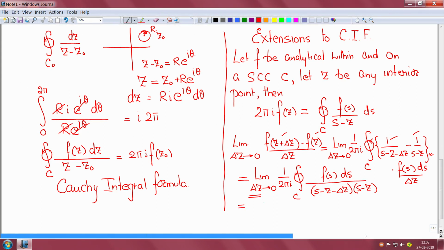So what I get is 1 over twice pi i integral counterclockwise C f of s ds by s minus z whole squared, and this is bound to exist.